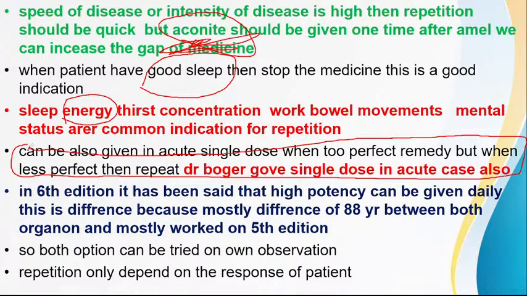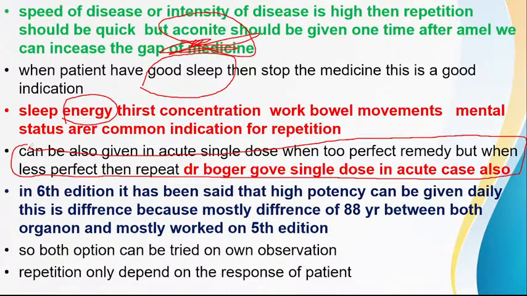Now a different aspect we will talk about: mostly doctors talk about a single dose. Mostly doctors do not repeat the medicine, but if we open and read the sixth edition, Dr. Hahnemann has clearly mentioned repetition of the doses.